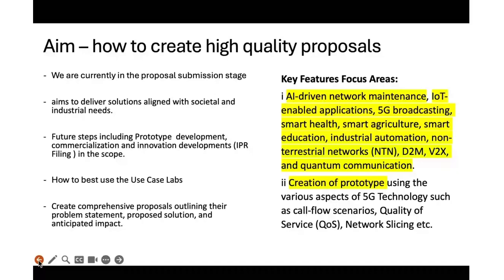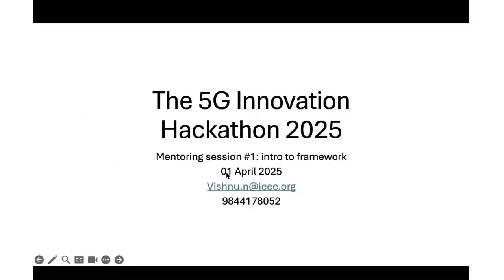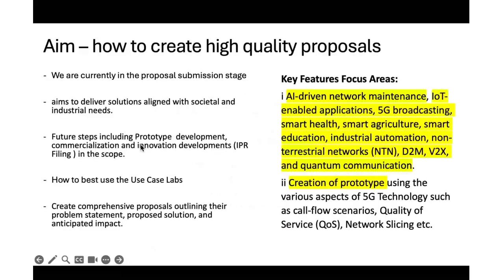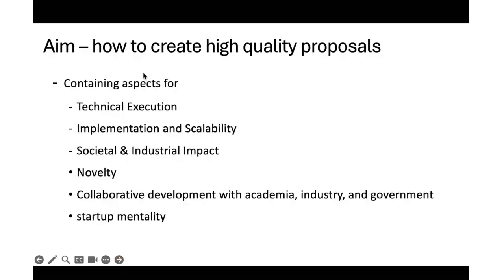So I was trying to recap what we did earlier. Firstly, on 1st of April, we had the first session. There we looked at the aims of how to create high quality proposals, and also key features, focus areas, etc. Then we looked at aspects such as technical execution, implementation, scalability, societal aspect, novelty, collaborative development, and startup mentality.